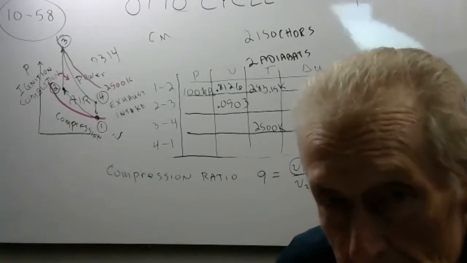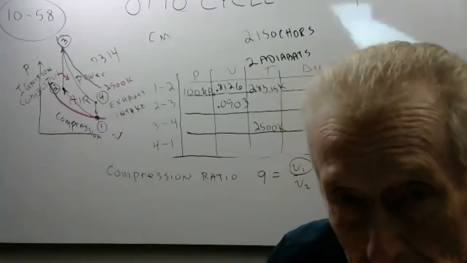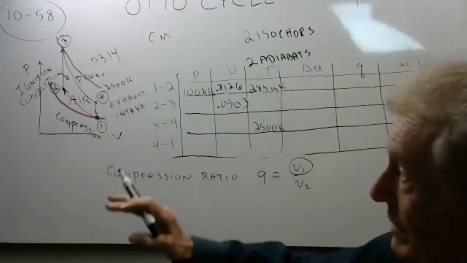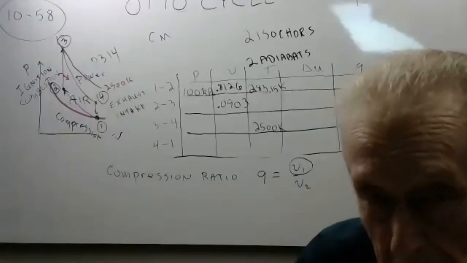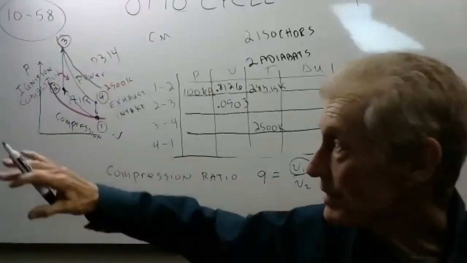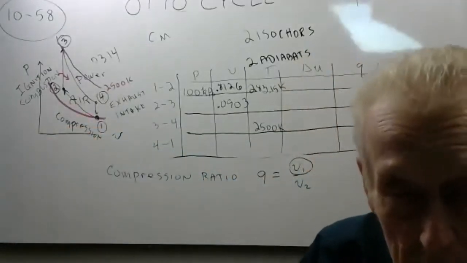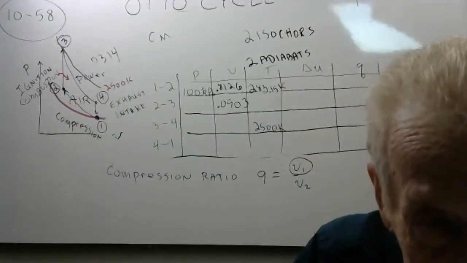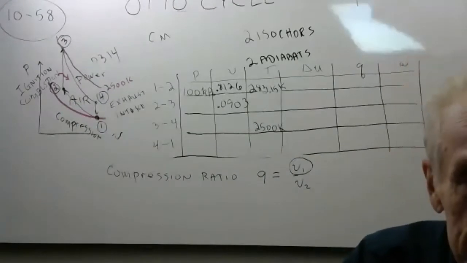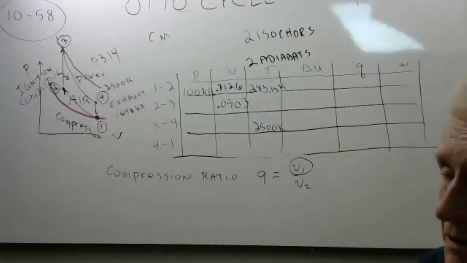Now I've got a small picture of myself right in front of that PV diagram, and I don't know what you guys are looking at. Do you have this PV diagram okay, where you can read it, everybody? Good, excellent.